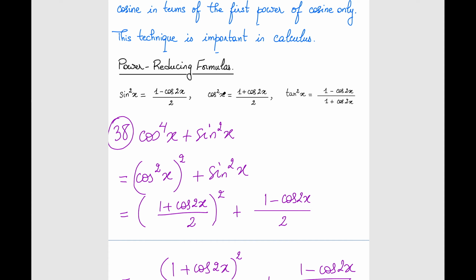So every time I see x, I'm going to replace it with 2x. This can be anything, whatever that thing is. In my context, I have cosine squared of 2x, so I'm going to write 2x instead of x, and then I'm going to get a first power of cosine here. Make sense?